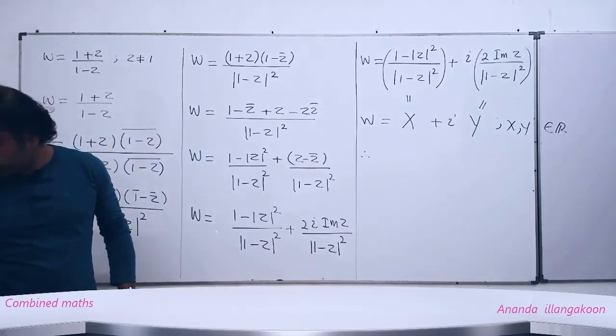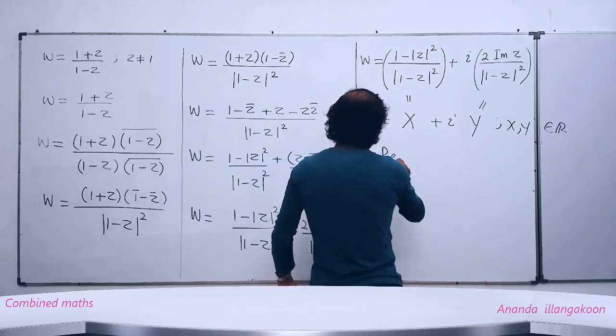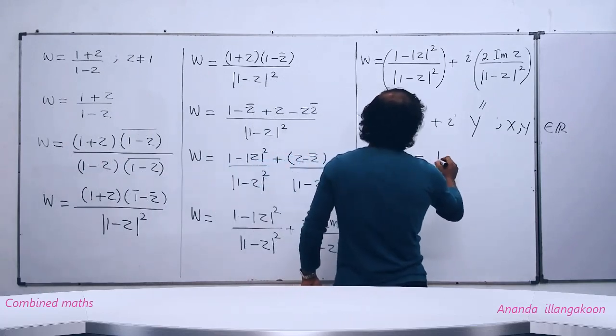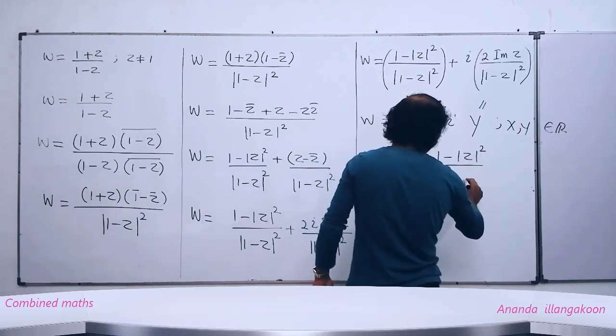Therefore, the answer you can write: real part of W is equal to (1 minus mod z square) divided by mod of 1 minus z, perfect square.